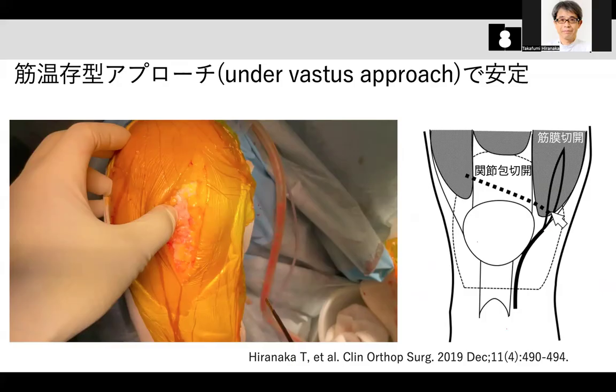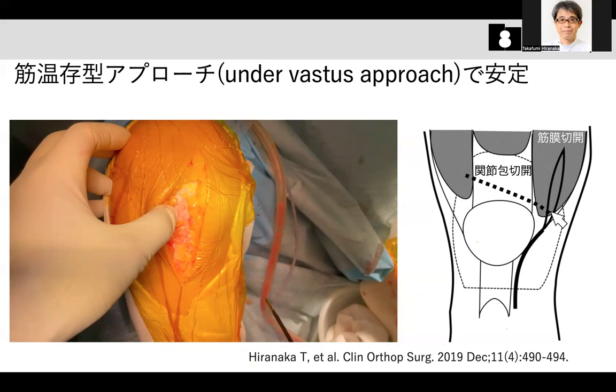Maybe one reason is we use the subvastus approach, because with this approach all the muscle pull from the vastus medialis can be retained. So the vastus medialis pulls the patella medially, and that can stabilize it.